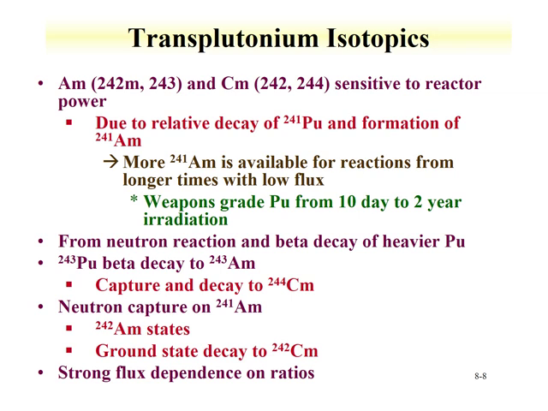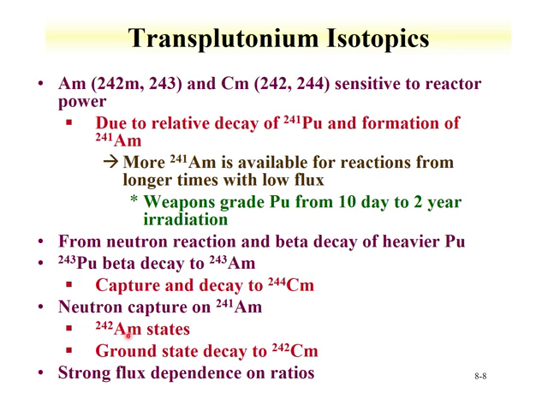So, from the neutron reaction and beta decay of heavier plutonium isotopes, we get the plutonium-243 beta decay to americium-243, and onto americium-243 there's neutron capture, americium-244 decaying to curium-244, that'll be one of our signatures, and then neutron capture onto americium-241, that's produced from the decay of the plutonium-241.